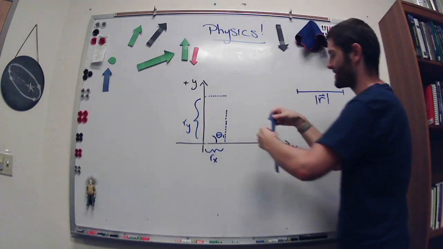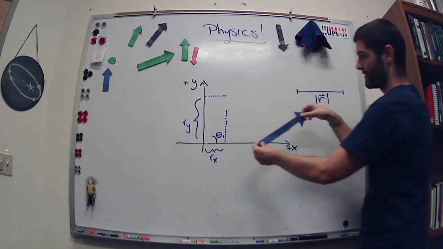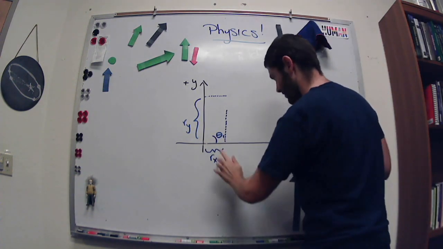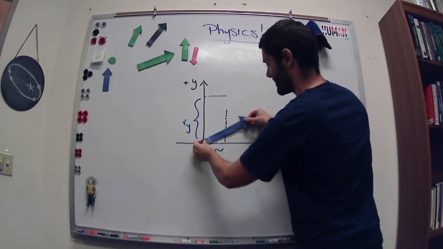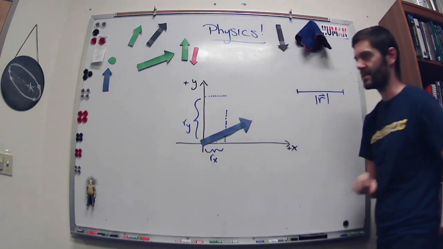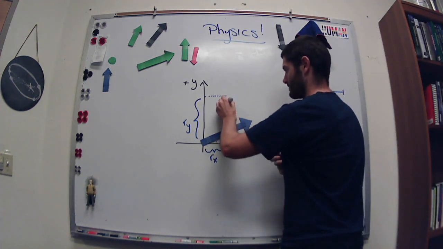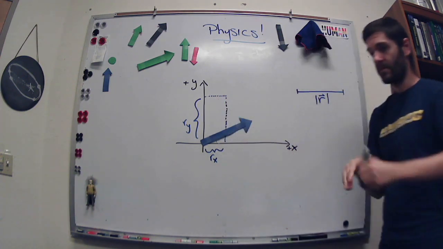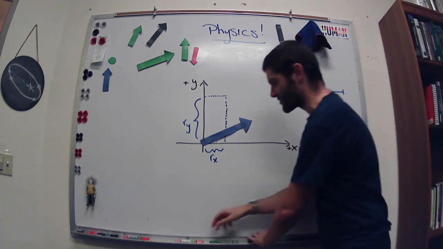As opposed to if I take the same vector, I'm not changing anything about this arrow, it's still the same length. But now I point it at this particular angle. Same vector, same length, but now it's pointing in a slightly different direction.